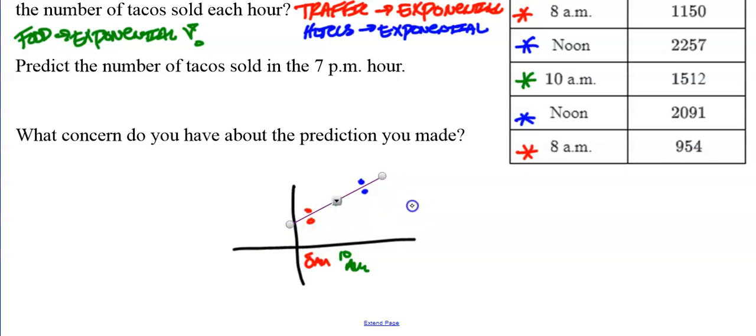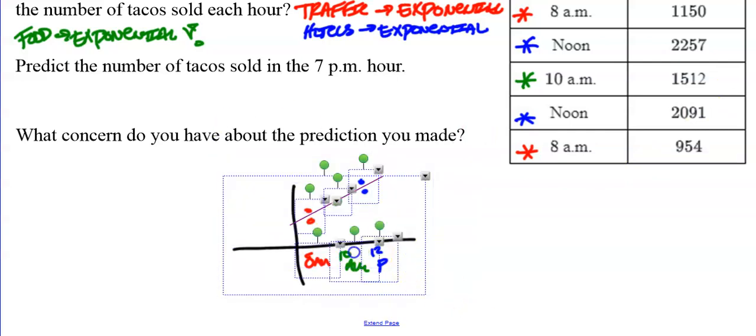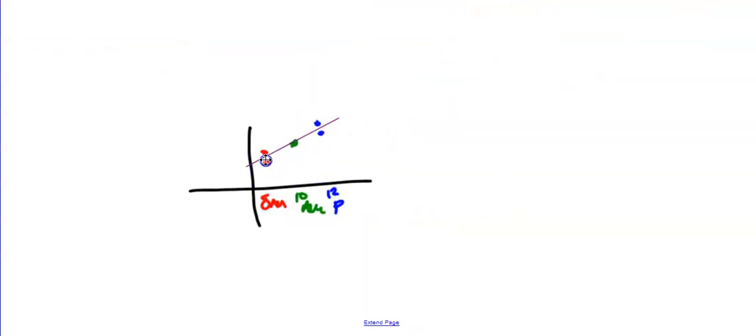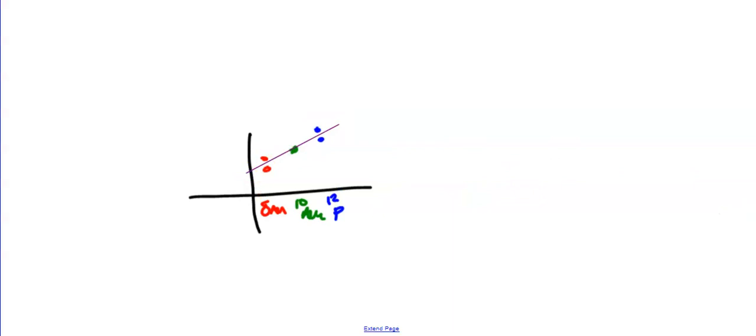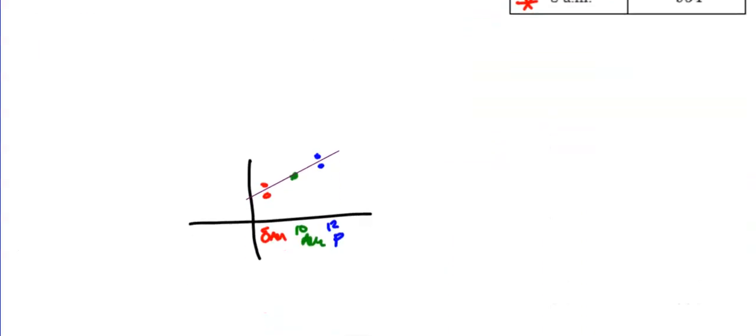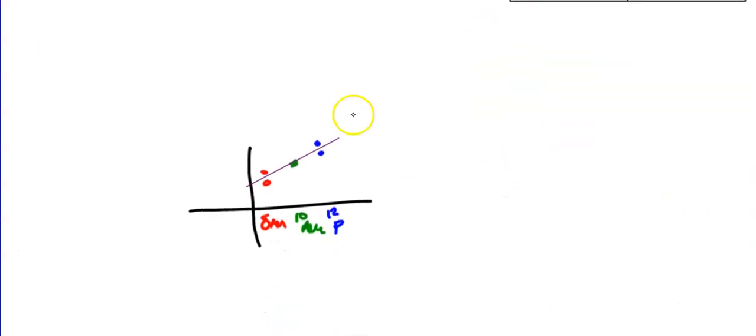But that wouldn't be exponential, because this is 10 a.m., this is noon, 12 p.m., and we still have to get all the way out to 7. Bear with me on this little explanation as to why I'm doing this. These 2 points and these 2 points, we can come up with an average that's in the middle. But we know that we're going to have exponential people. And here's why.